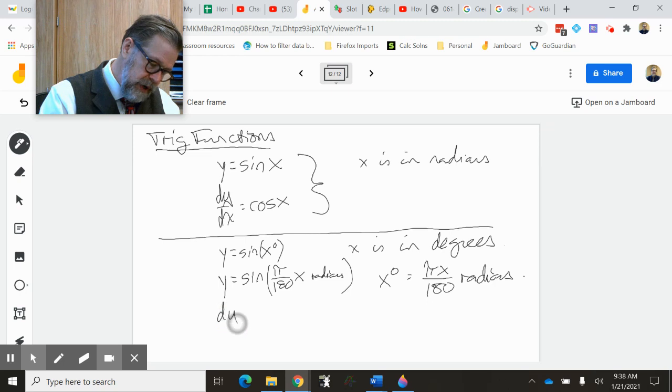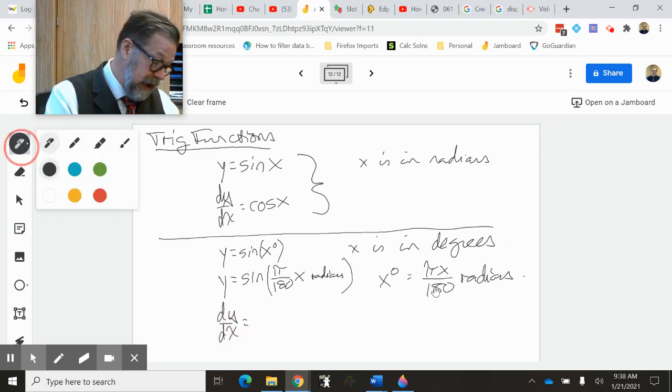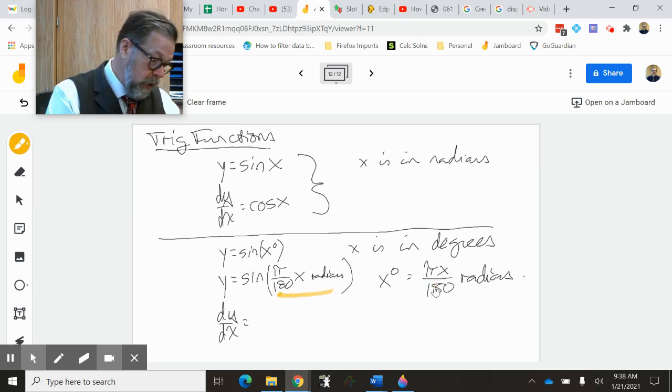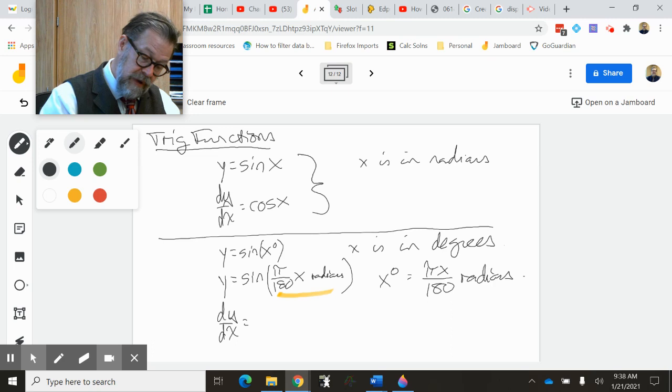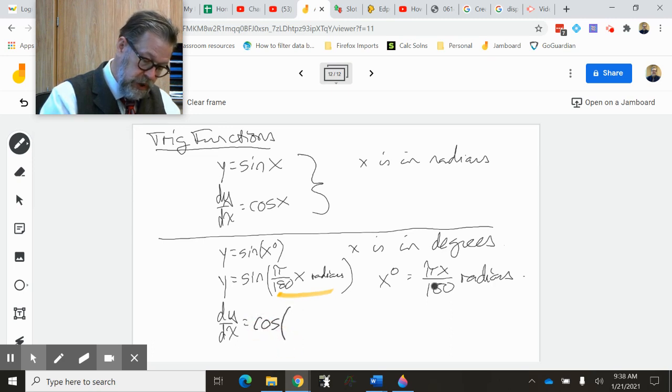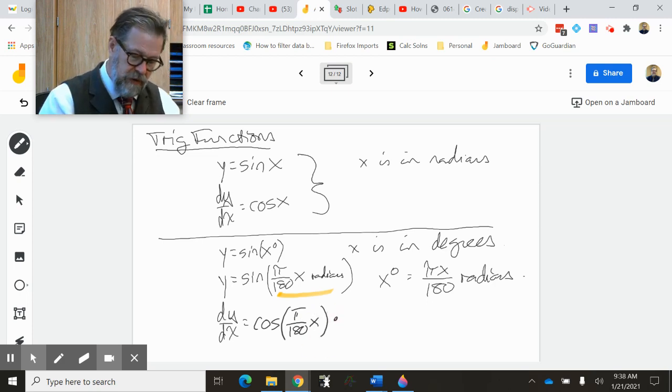And now I'm going to take the derivative of y with respect to x, but notice that we have a chain rule problem here. So we're going to take the derivative of sine, which is cosine of pi over 180 x, times the derivative of the inner function, and that's just pi over 180.